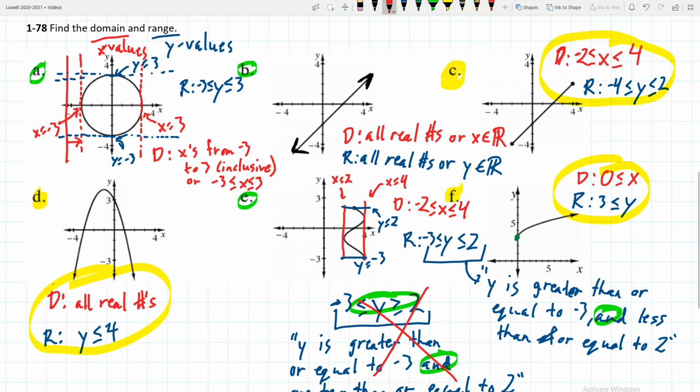Alternatively, this is exactly the same, or x greater than or equal to 0. These are exactly the same. But it helps me keep my head on straight when I put the smallest one first. And that's why for the range, I said 3 is less than or equal to y. But again, it totally would have been fair and right to say this.